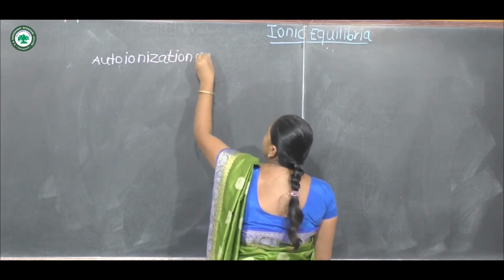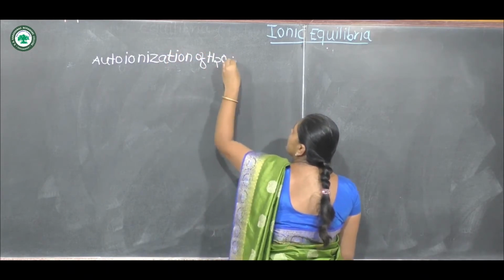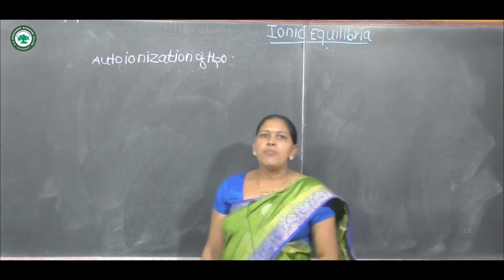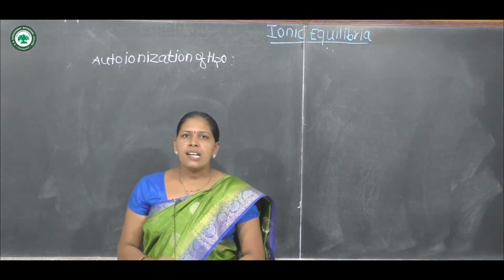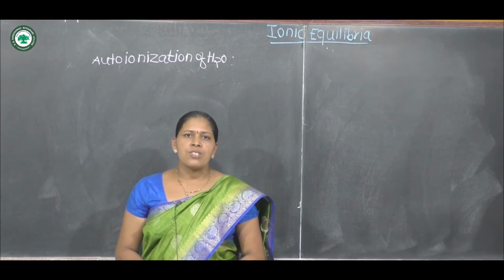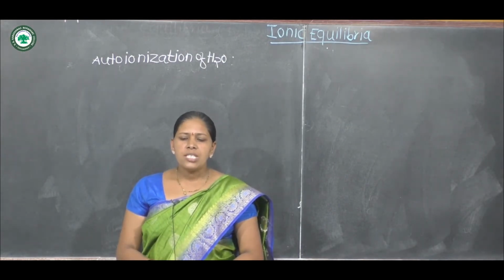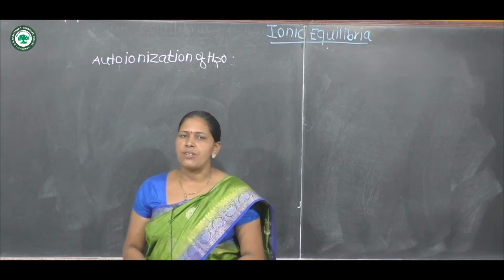In pure water, H plus ion concentration is exactly equal to OH minus ion concentration and its value is 1 into 10 raised to minus 7.